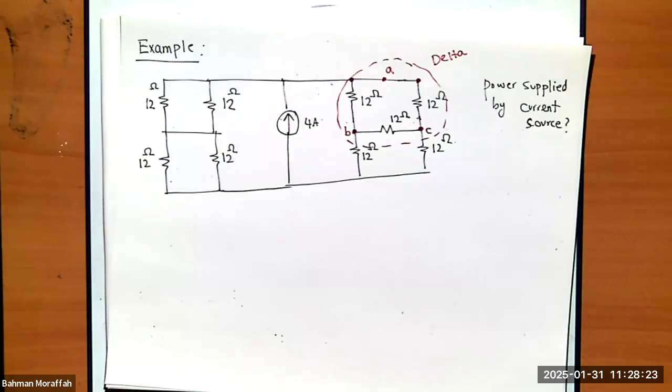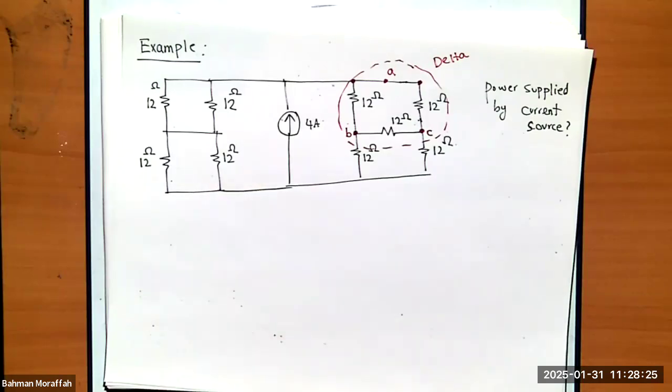What else do we see in this circuit? Is there anything else to see?